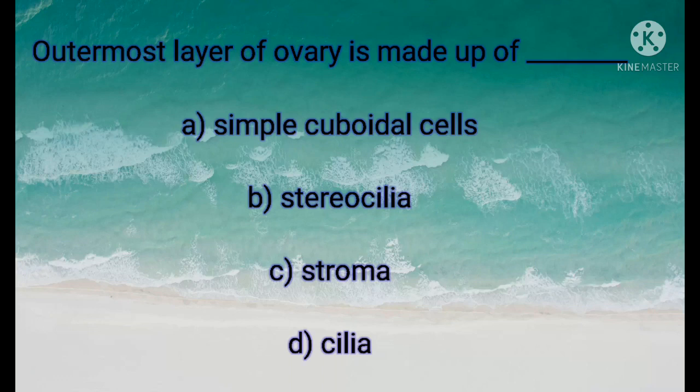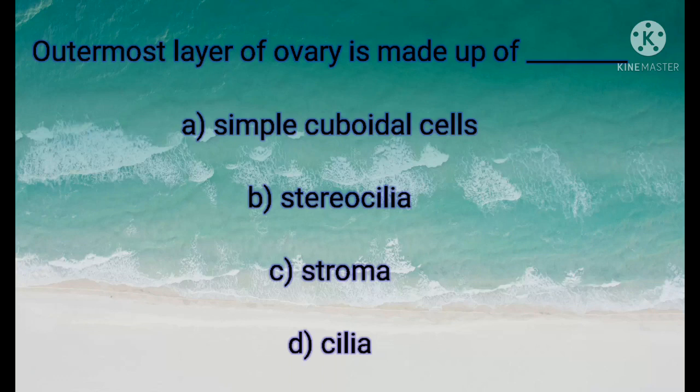It is made up of simple type of epithelial cell, and it also has the germ cell, the germinal epithelial cell, and it also shows the stroma. पण यामध्ये जर आपण outermost layer घेतला तर outermost layer यामध्ये आहे simple cuboidal cell, त्यानंतर यामध्ये आहे germ cell, but germ cells are also simple epithelial cells, and the inner side has the stroma.